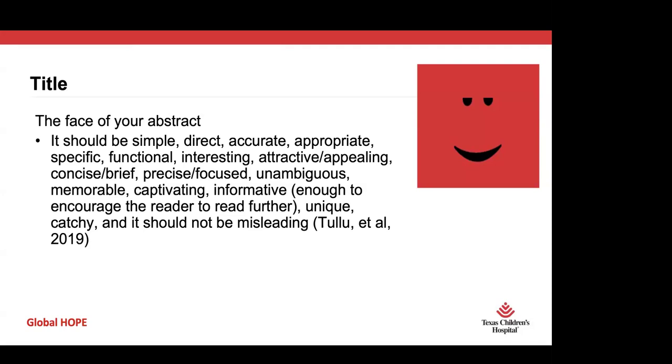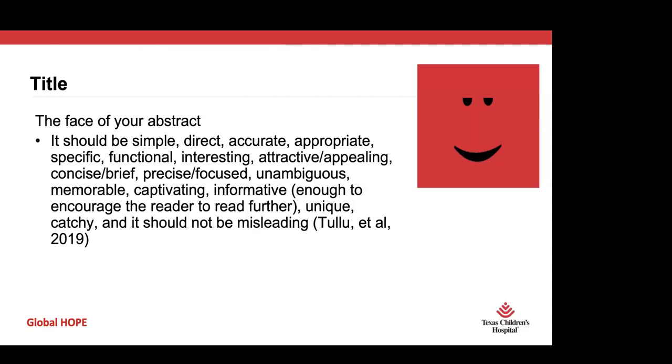And as you see, it should be simple, direct, accurate, captivating, informative. How in the world do you do that in just the title when you also have restrictions on how many words to put into that? I always say less is better. I see a lot of titles that go on and have colons and a conceptual approach.